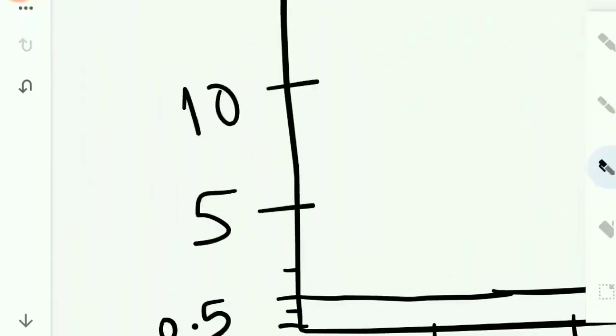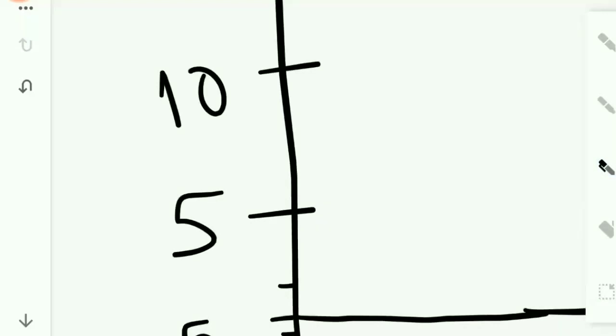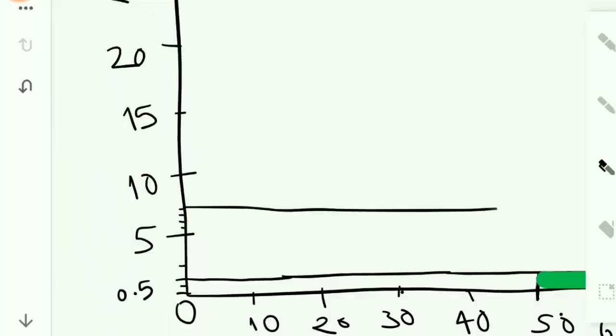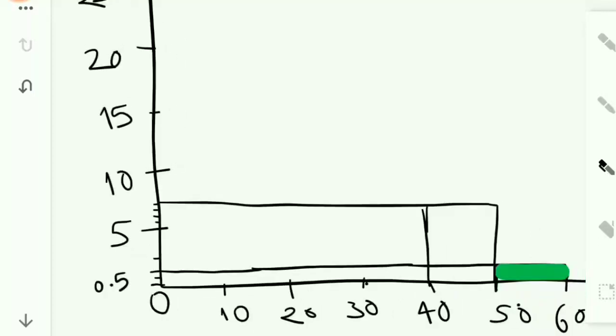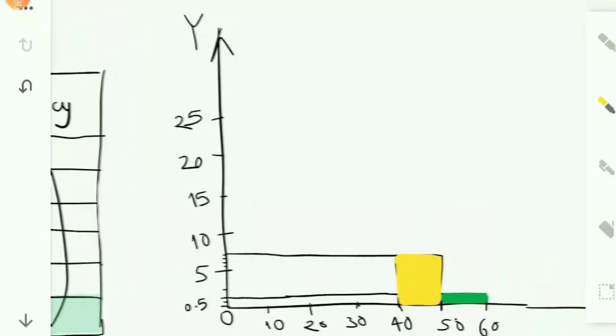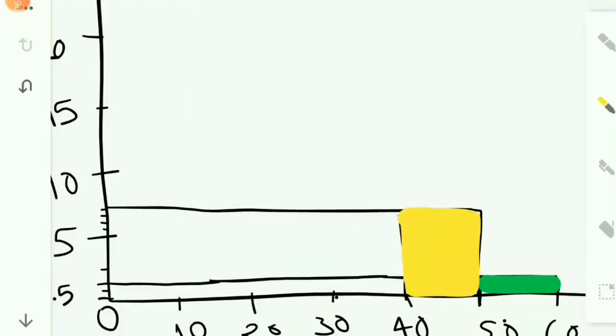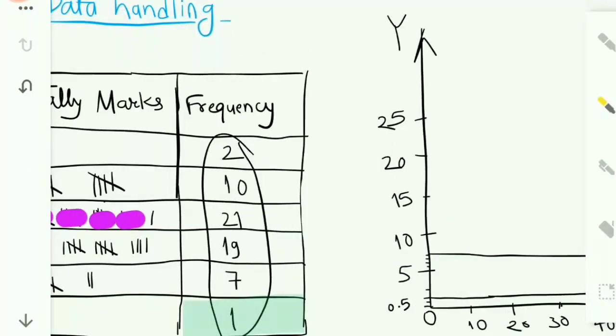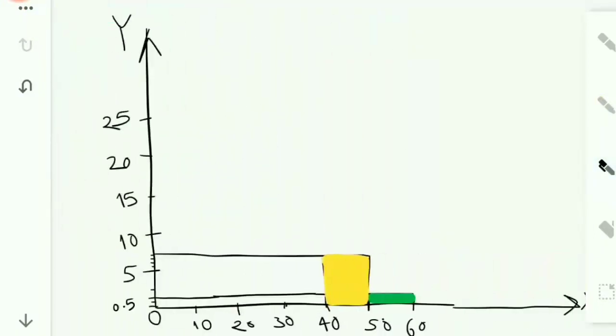Now here 5, 2 small marks 6, 2 more small marks 7. So here I will plot number of students equal to 7. There will be no gap between these two bars, and so on. You can easily plot the other numbers. Try that. This is how you plot histogram.